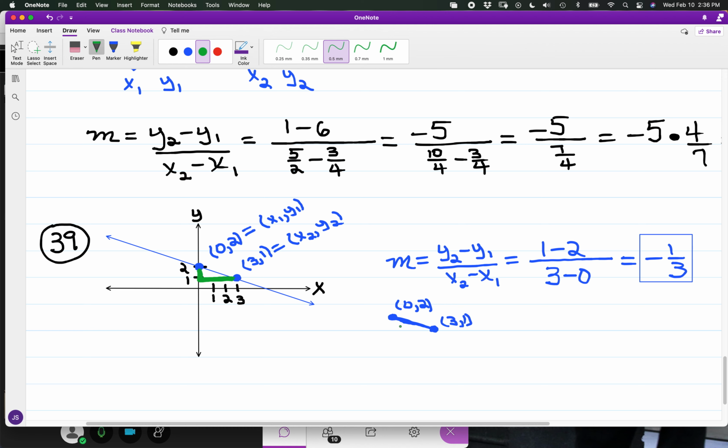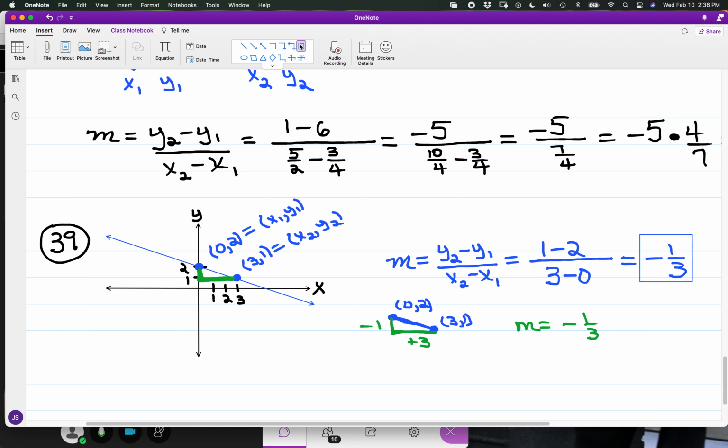So here you have going down 1, and then also you have shifting over 3 units. So you're looking at the change in y with respect to the change in x. And from this particular vantage point, you still come out to the slope of -1/3.